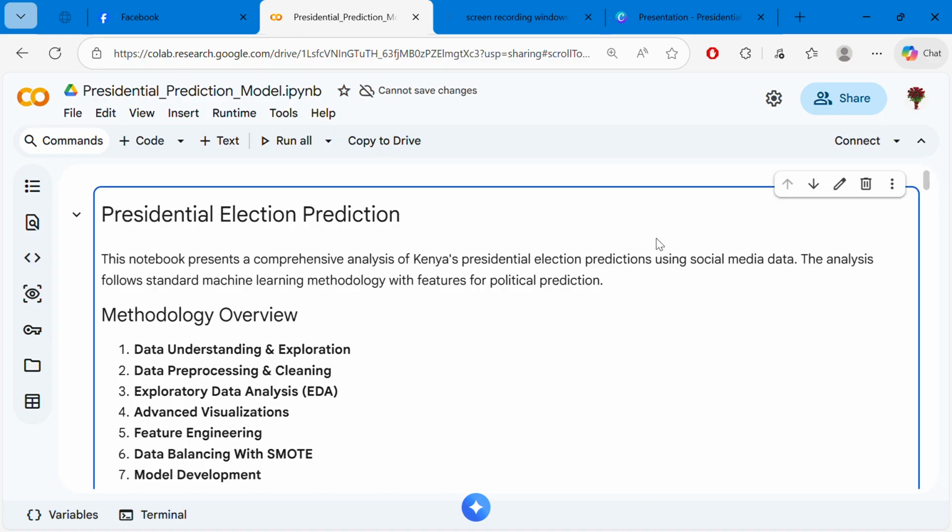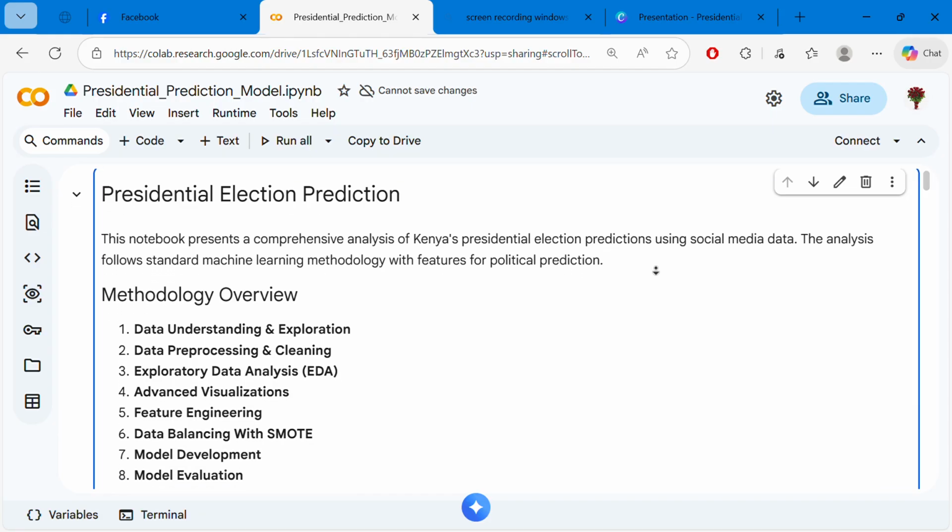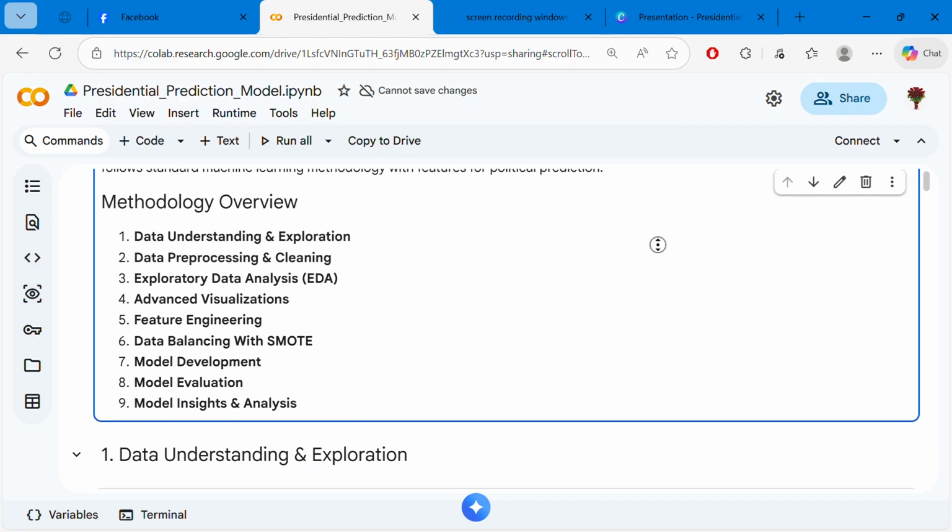Subsection 1 is the analysis, the methodology overview.